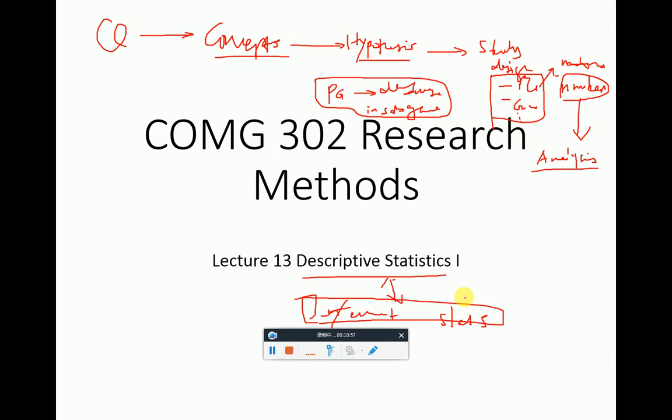Be persistent. I will walk us through all the procedures, and in the end, you will see that statistics are actually not that scary, right? It can be fun sometimes, actually. Okay. Well, obviously, I would say that, but I'll leave you to make the judgment in the end. Okay.